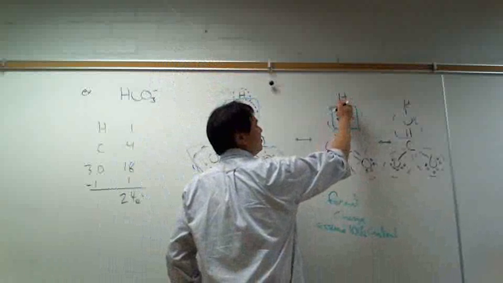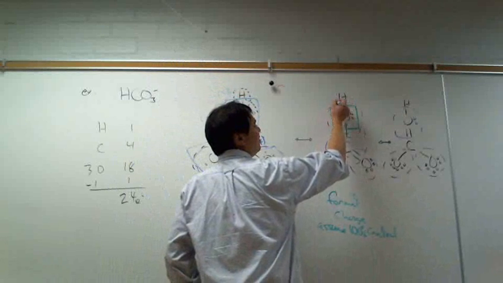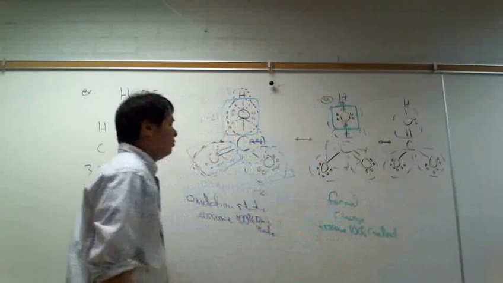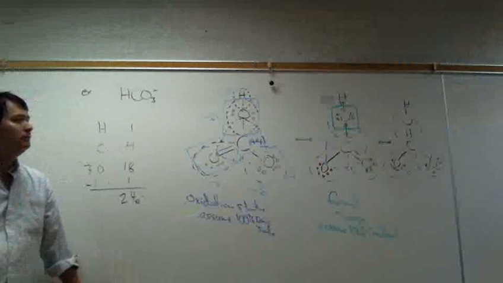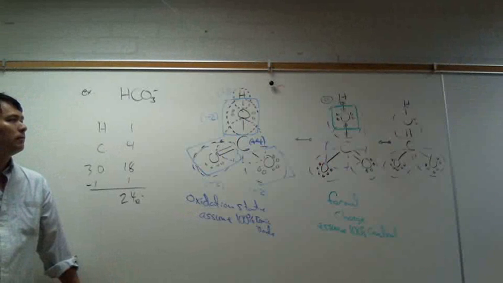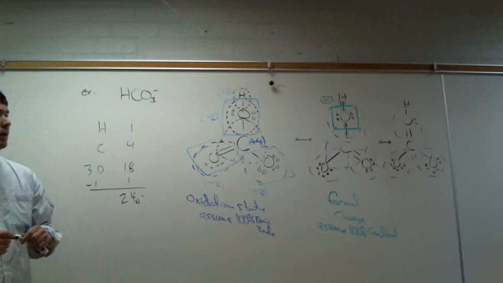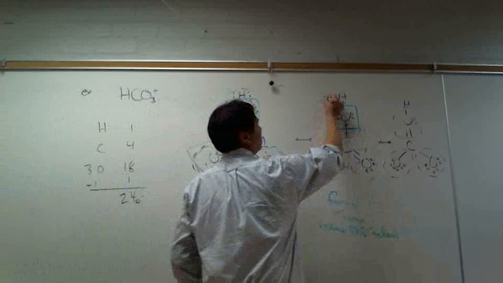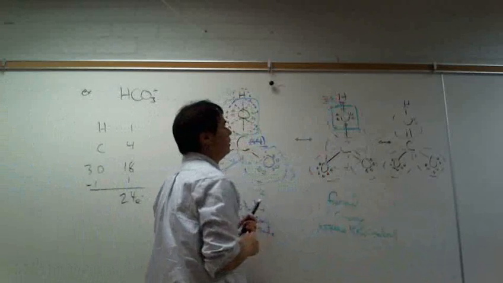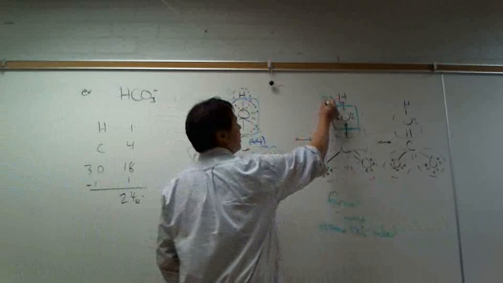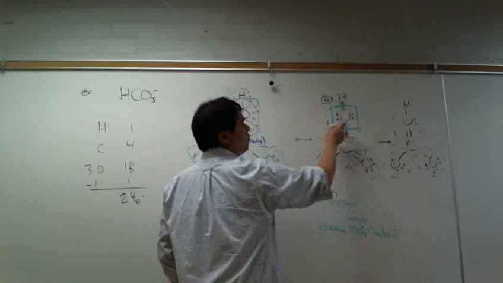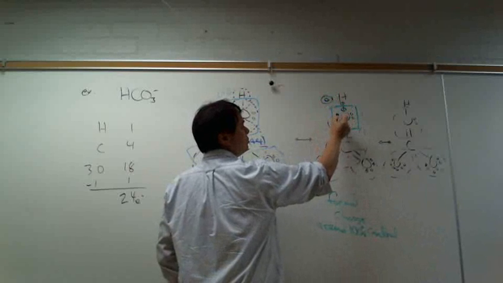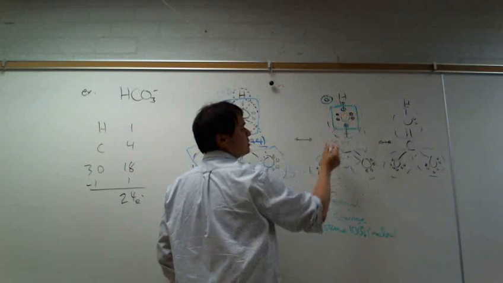Hydrogen has 1, it's supposed to have 1, so it has 0 formal charge. Formal charges we circle. Oxidation states we put in parentheses. Well, oxygen has how many? 1, 2, 3, 4, 5, 6.